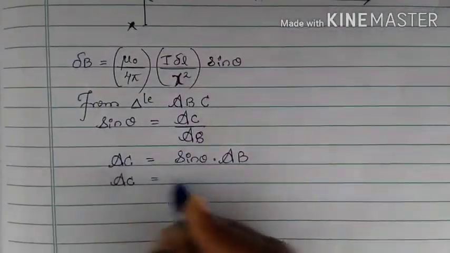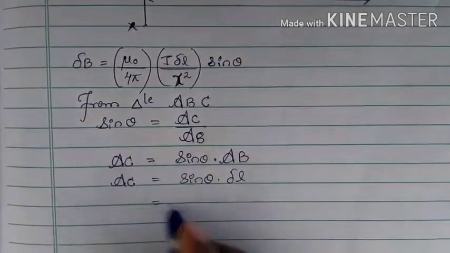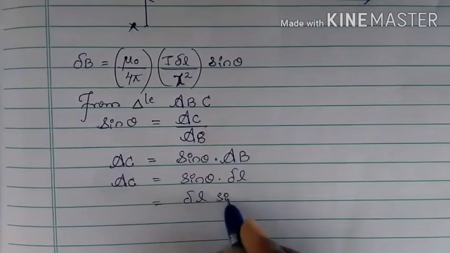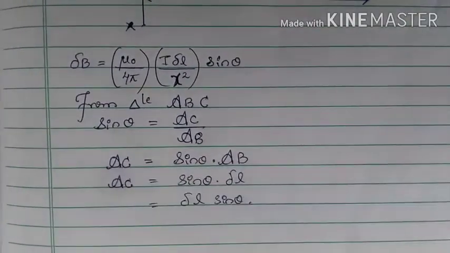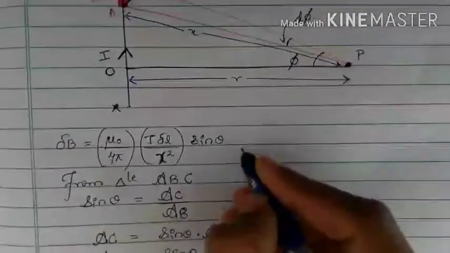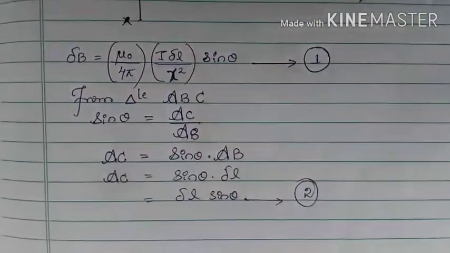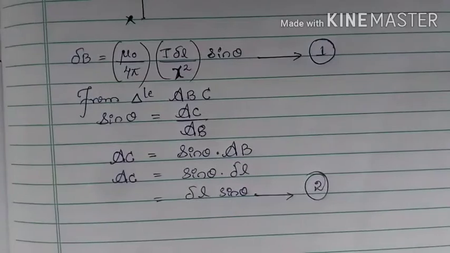AC is equal to sin theta into delta L. So you can also write delta L sin theta. So AC is equal to delta L sin theta. Let us call this equation number 1 and this equation number 2. So we have two equations here.